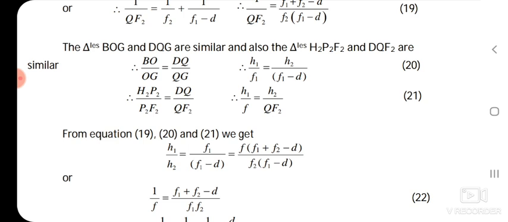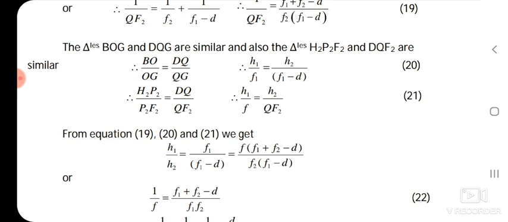If we see this ray diagram, you will get an idea about the values of BO, DQ, OG and QG: h1 by f1 is equal to h2 by (f1 minus d). Similarly, H2P2 divided by P2F2 is equal to DQ by QF2.